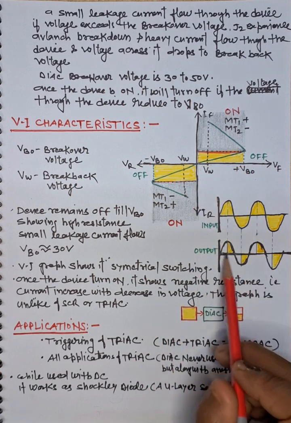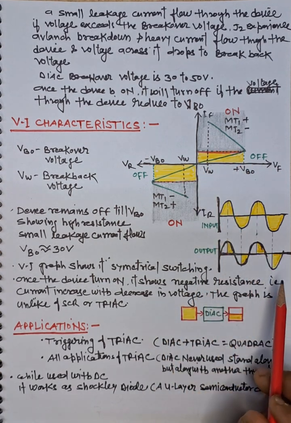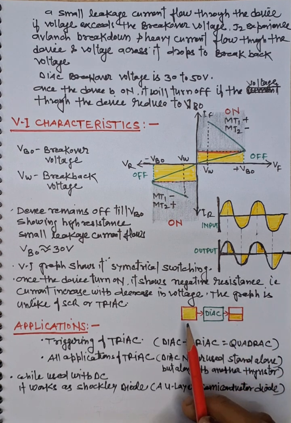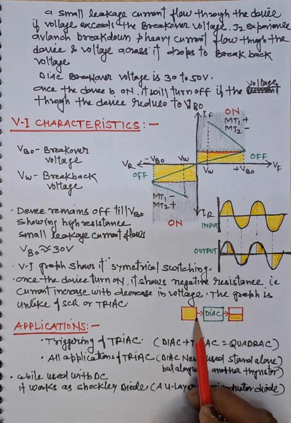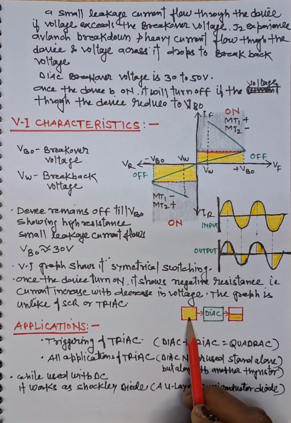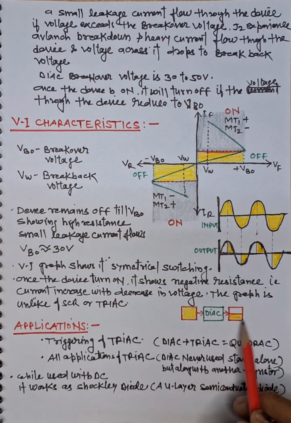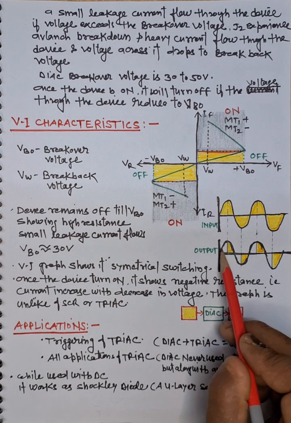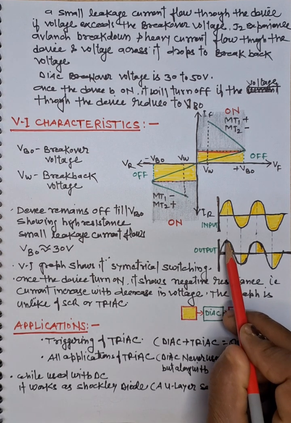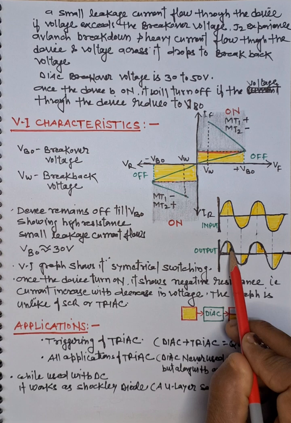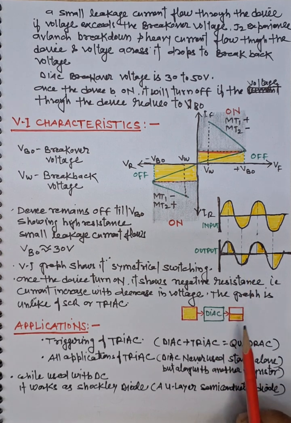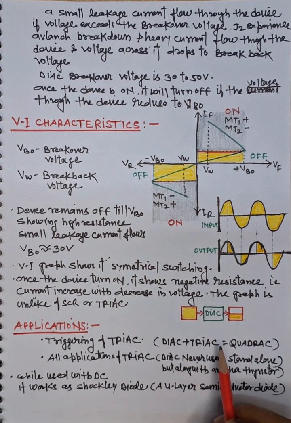This is the way the output power is controlled. Here we can see the input AC power applied to the DIAC, and the DIAC reduces the power levels because it is being turned on at this peak, so half of the power is delivered to the output. So this is the way we can explain it.